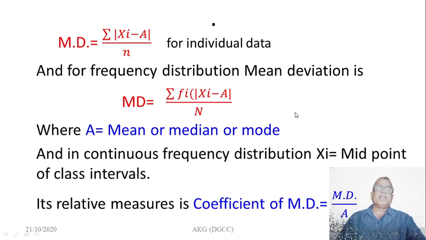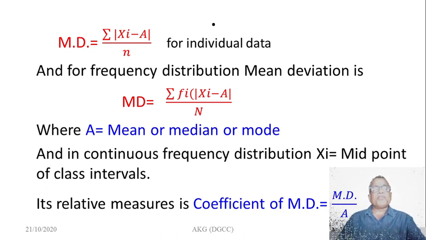That means if we want to compute the mean deviation by taking the deviation from the mean, the formula becomes summation mod xi minus x bar divided by n.